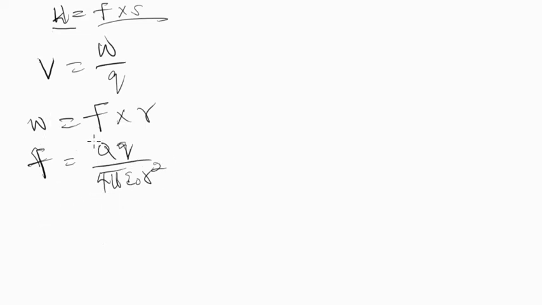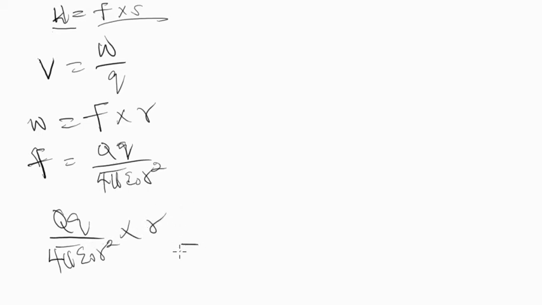So if we multiply this by R, let's say Q times Q over 4 pi E naught R squared times R.